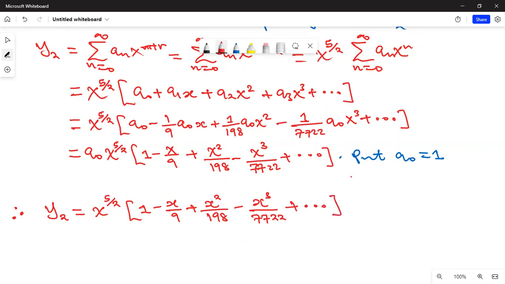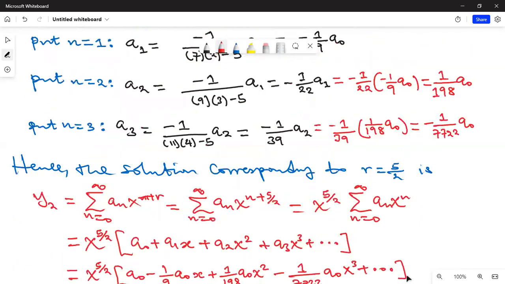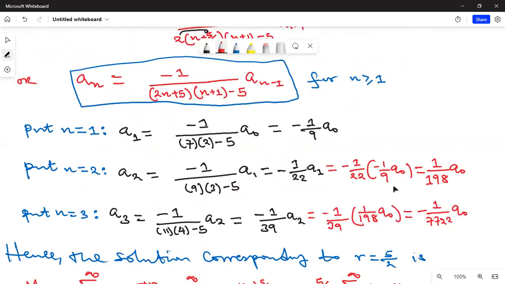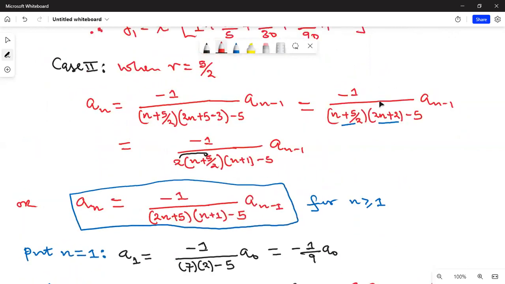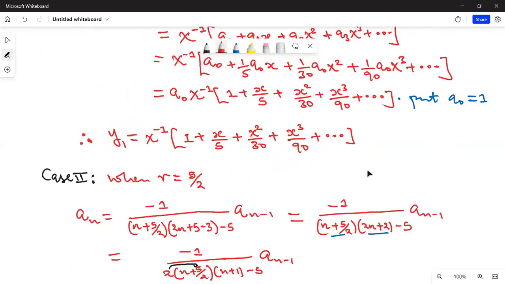So this y2 is the solution corresponding to case 2. And so it is independent from the solution that we got in the first case.